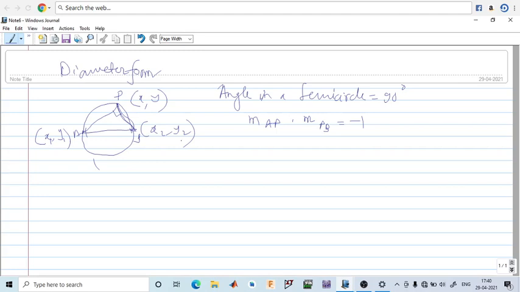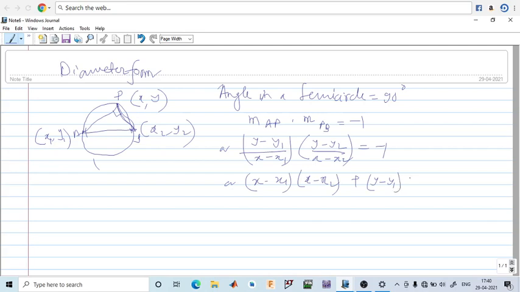So from here we can write (y minus y1) over (x minus x1) into (y minus y2) over (x minus x2) equals -1. From here you are going to get an equation like this.